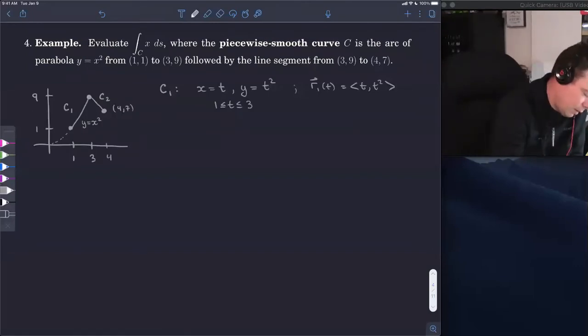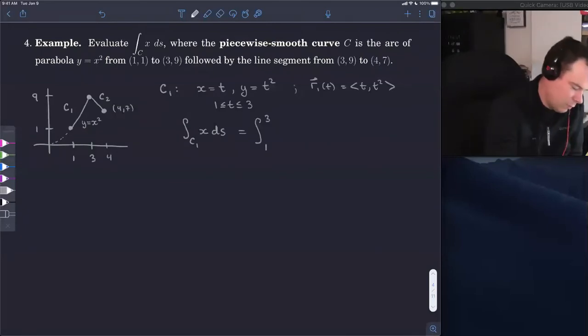And now we want to write the integral. So we want to integrate over the C1 curve of x with respect to arc length. That means we are integrating from 1 to 3. We're going to put everything in terms of t now. So x becomes t, ds becomes the magnitude of r prime of t.